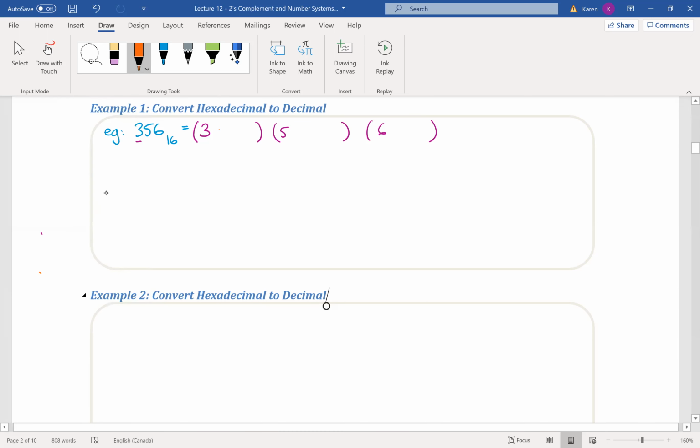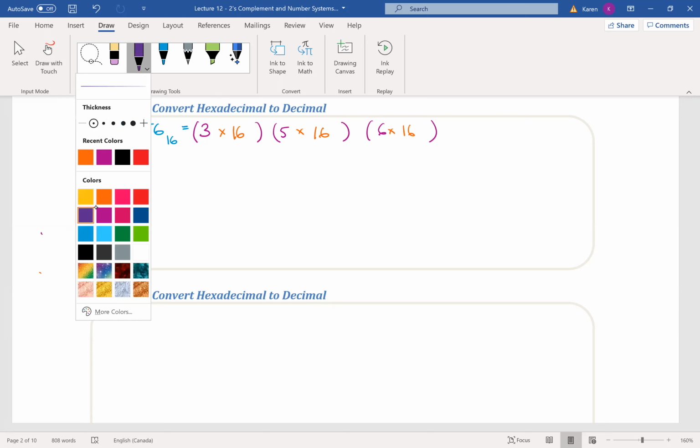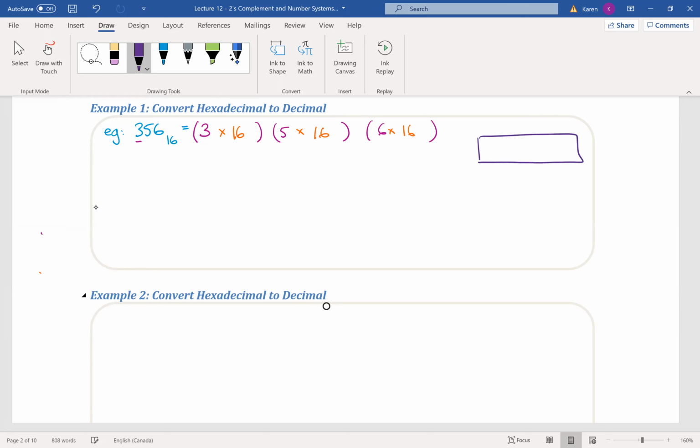It's a positional numbering system, so it matters what position each of those digits is in, and each is multiplied by 16, base 16, to some exponent. If we go back to what we have done before, this is the number 3, 5, 6. This is the least significant position and then the most significant position.